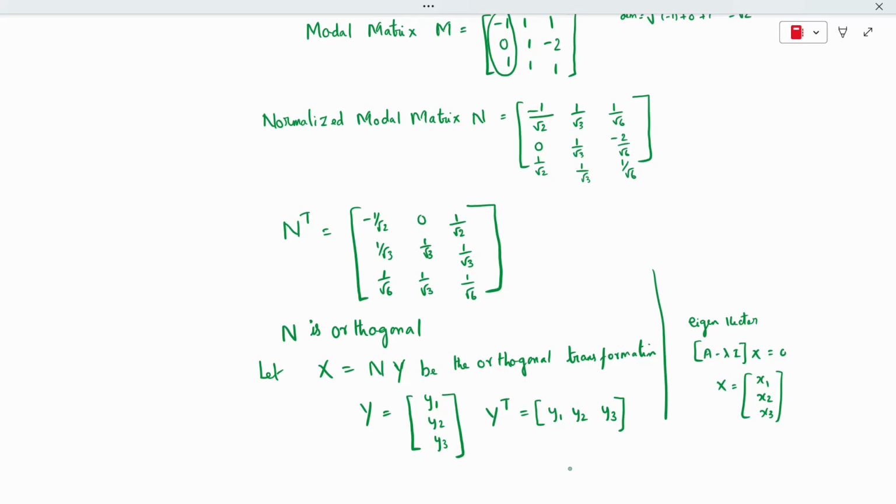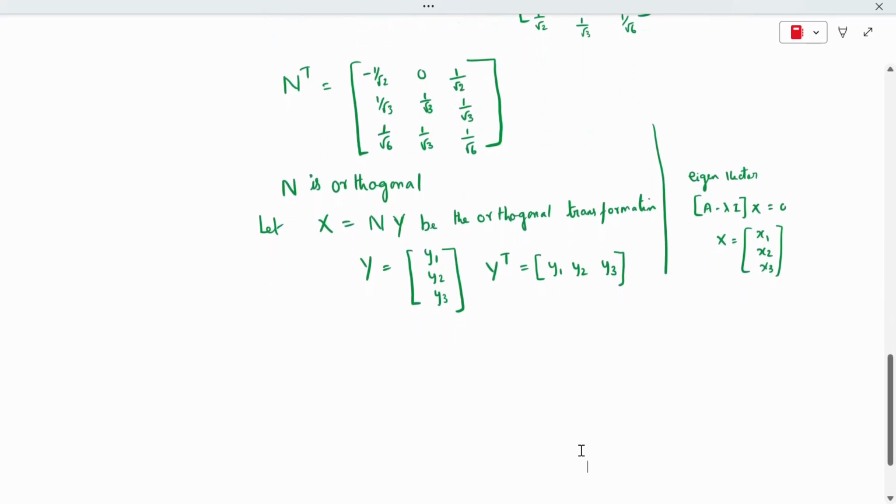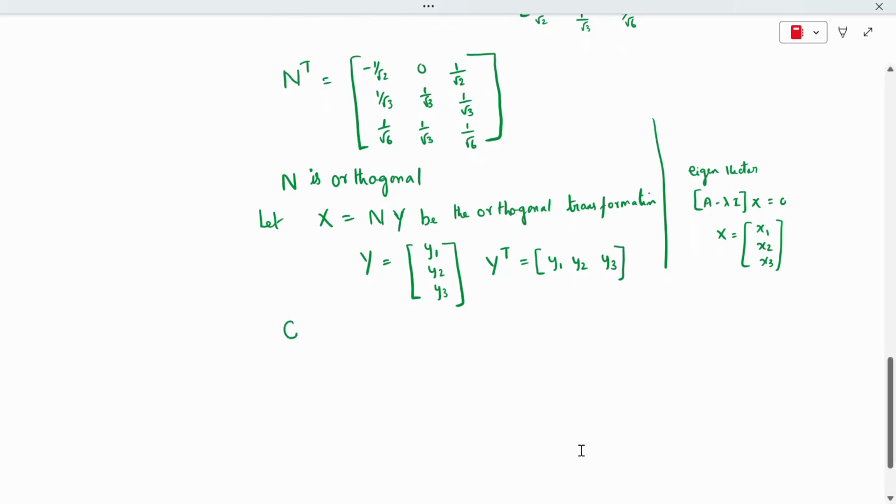Now, quadratic form. We know that the quadratic form, Q, is nothing but x transpose A x in the general case. I already gave this when I started the quadratic form. So now it is nothing but y transpose into N transpose A N into y.